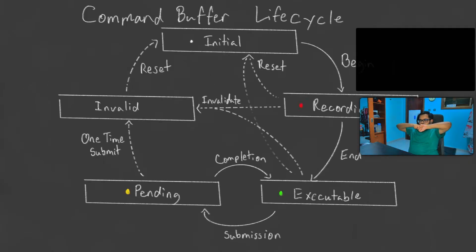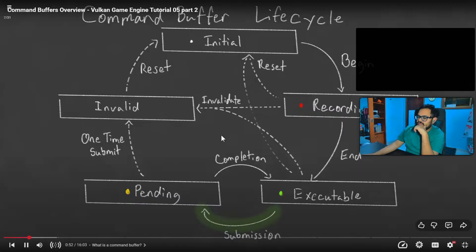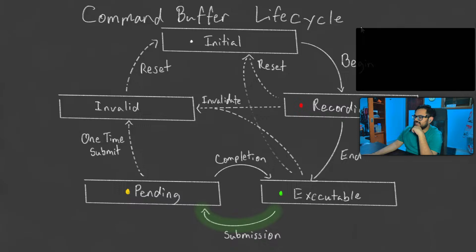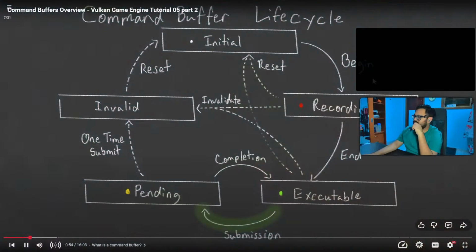Command buffers have a life cycle described by this state diagram. When a command buffer is submitted to the device queue, it enters the pending state. Initial, begin recording, it can be reset or made invalid. Okay, makes sense.